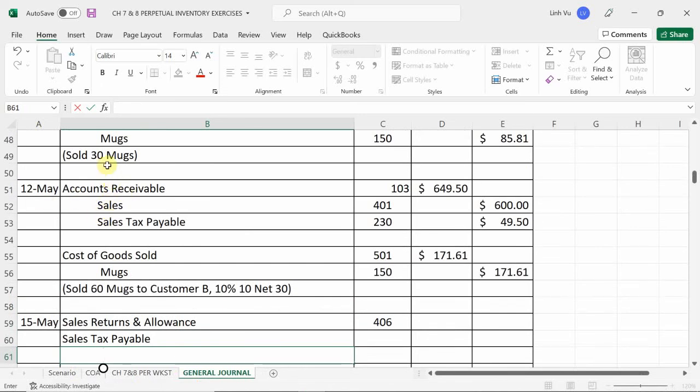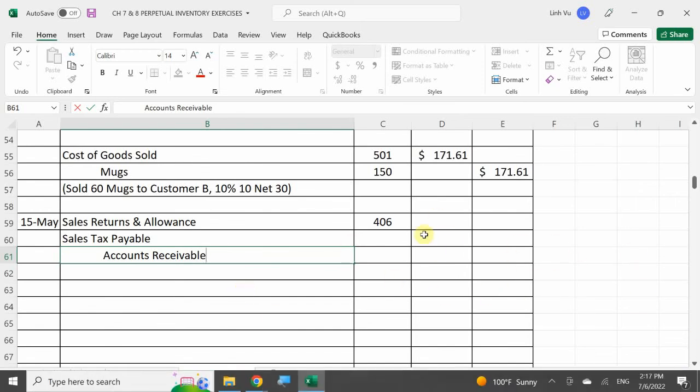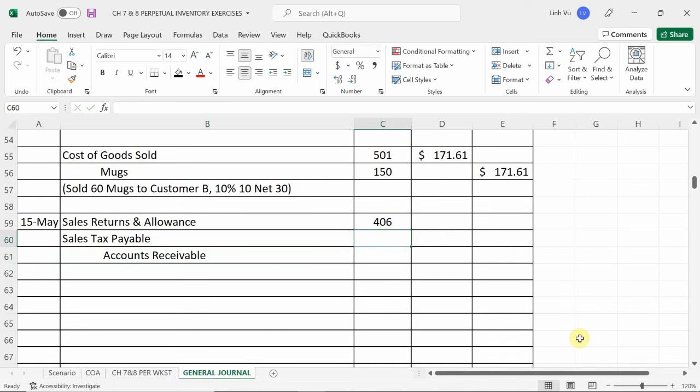So in order to reduce accounts receivable, we are going to credit the accounts receivable. And that will be the refund here. Okay? In this case, because customer B never paid us in the first place, we need to reduce what they owe me and reissue them a new invoice with the correct amount that they actually owe me. So in this case, let me see, sales tax was 230, accounts receivable is 103.